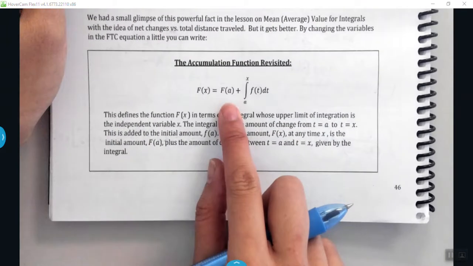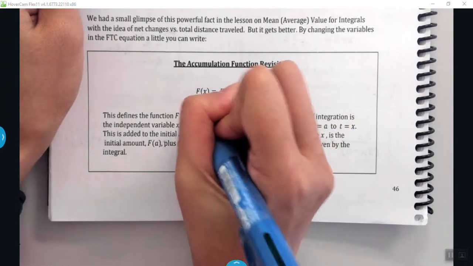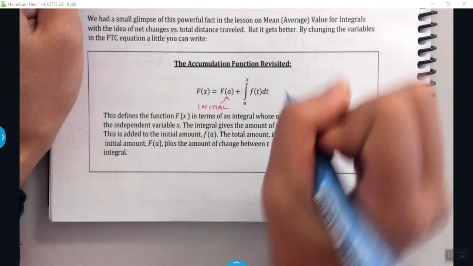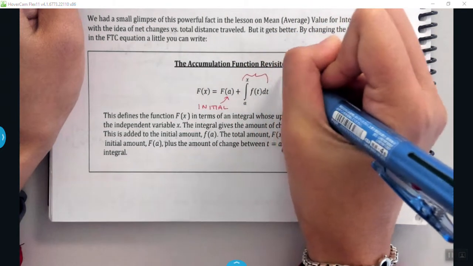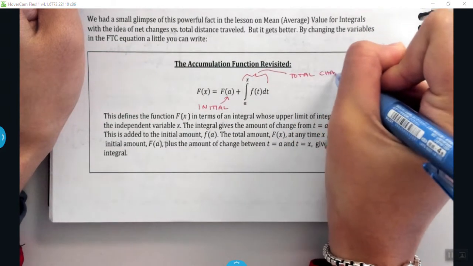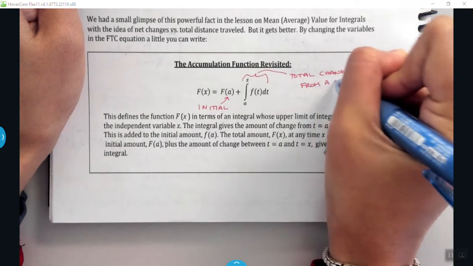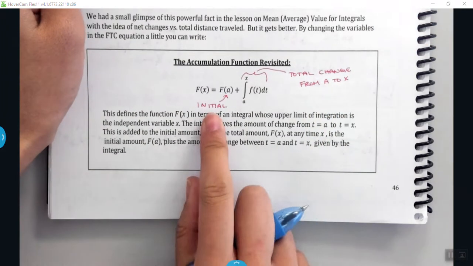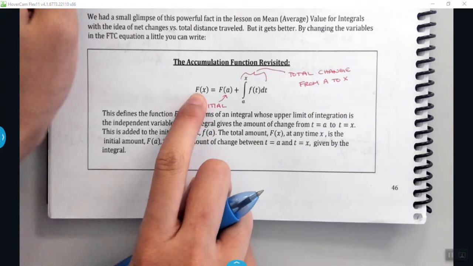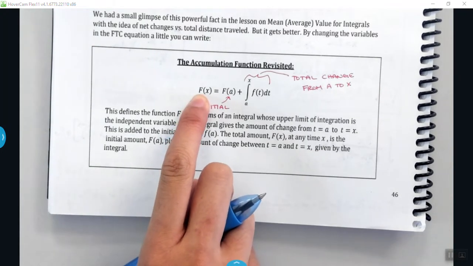That's essentially what we're doing here: you have an initial value that they give you, plus your total change from a to x. If you have your initial value and then add the total change from a to x, that'll tell you where you are at x. So this is an important formula for you to know.